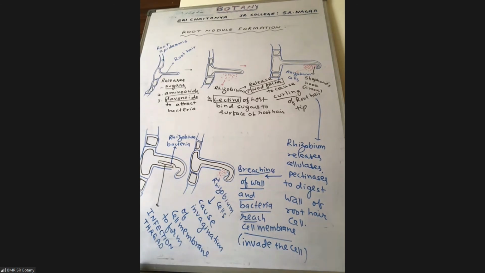Nod factor and digestive enzymes for the cell wall are by Rhizobium. So where is the Rhizobium bacterium now? In the infection thread. So they are taken as they are into the cortex region by the infection thread. So this infection thread goes.